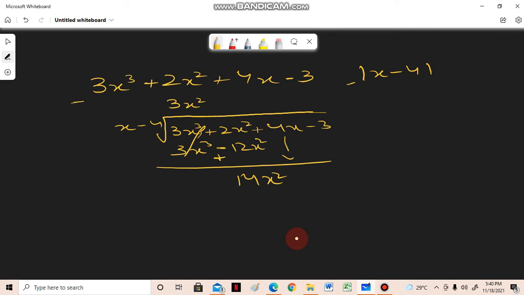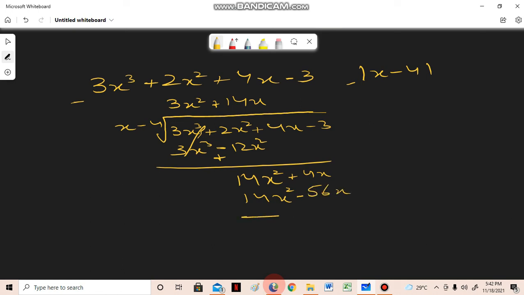This 4x will come downwards with 14x square, so we will have 14x square plus 4x. Now we know that we can multiply plus x with plus 14x to get positive 14x square, right? And minus 4 multiplied by plus 14x is negative 56x.